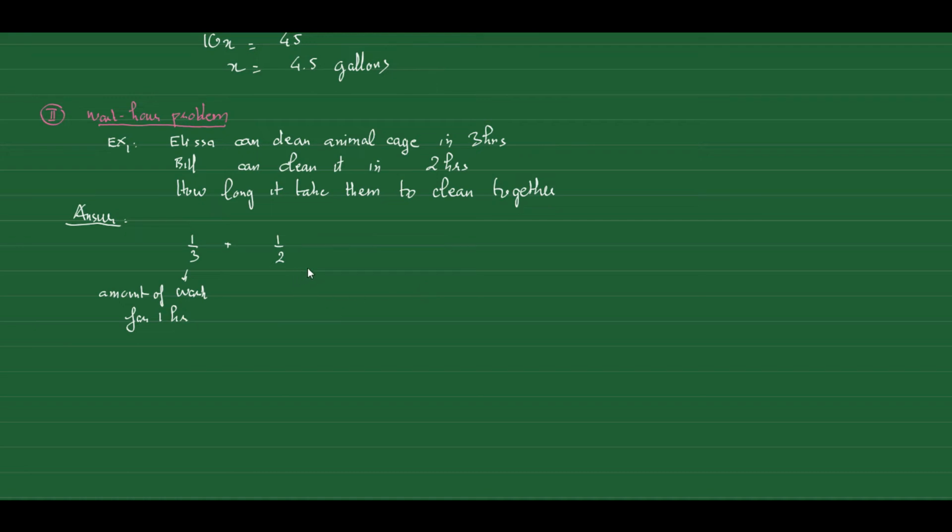Same thing over here, equal to 1 over x, which is the amount of work for them working together. This is the amount of work for Bill for 1 hour.